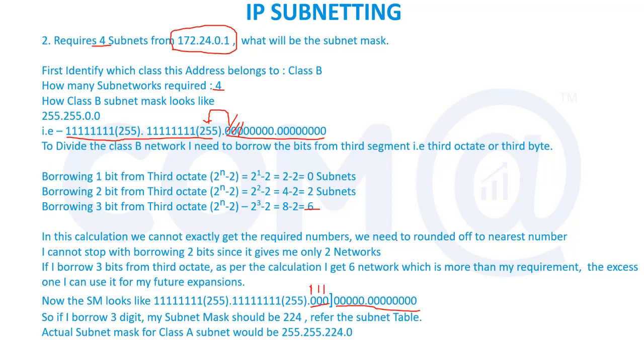So by referring to the subnet table, my subnet mask is 240, I'm sorry, 224. But where do I write it? This is class B, and we are borrowing bits from the third portion, because the first two portions we are not disturbing. So we write the subnet mask in the third portion. Whatever subnet mask you get has to be written into the exact portion of the IP address.